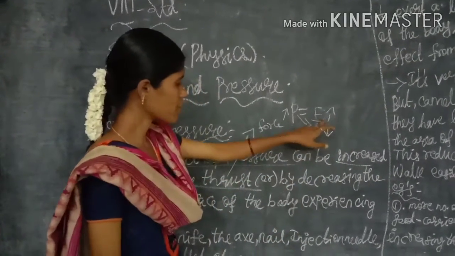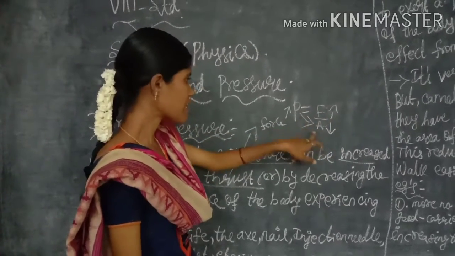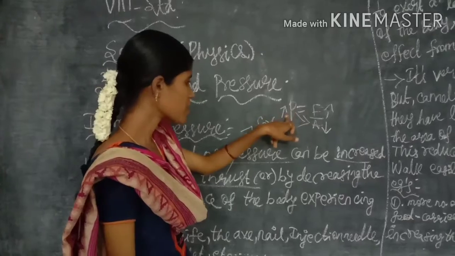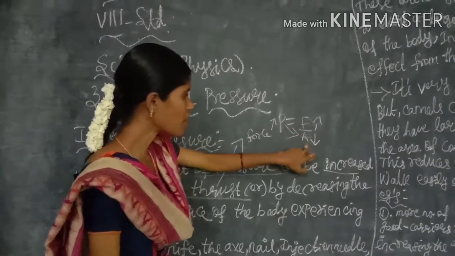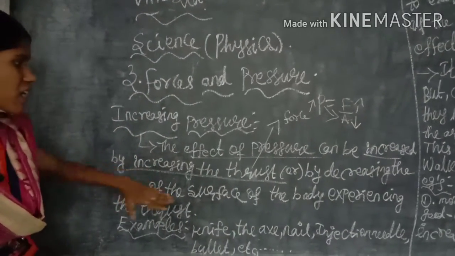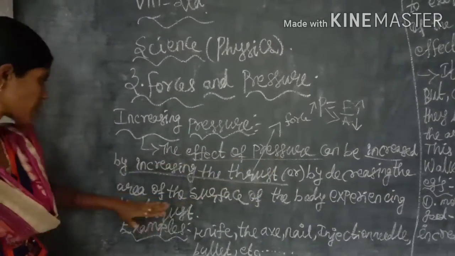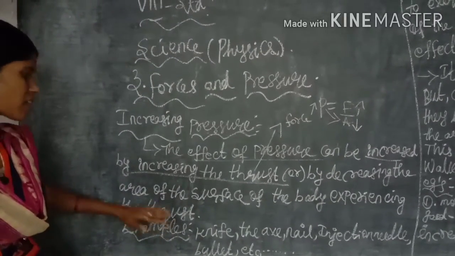The force is the numerator, the same term, and the area is the denominator, the cross term. So the effect of pressure can be increased by increasing the thrust or by decreasing the area of the surface experiencing the thrust.